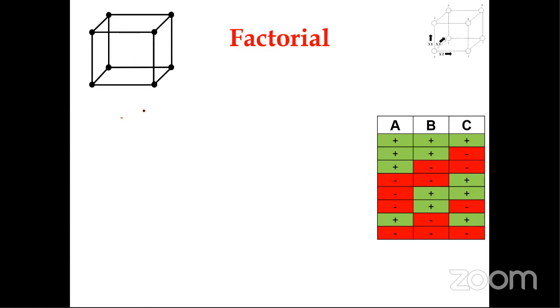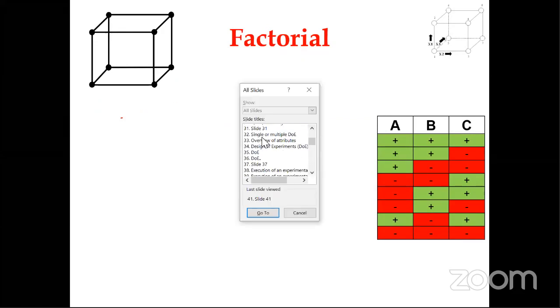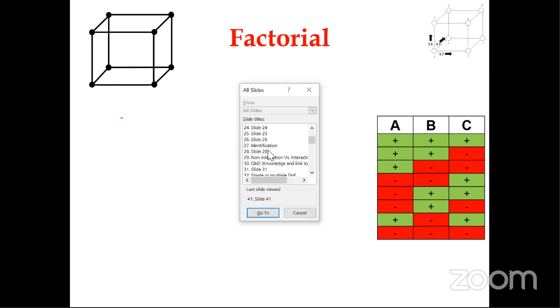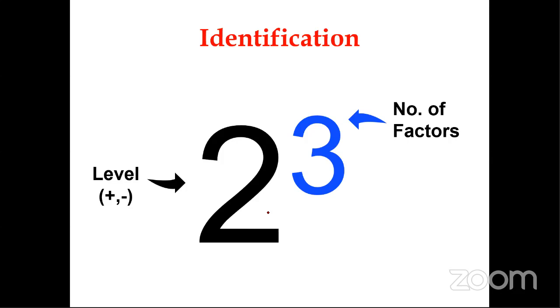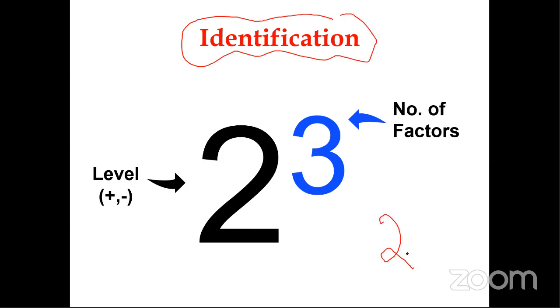So before that, I missed this slide actually to show you all. I think somewhere it is here, the slide. Yes. For any design, this is the way to identify the number of factors and runs. We used to write like this, 2 to the power 3. This indicates the level of each factor.